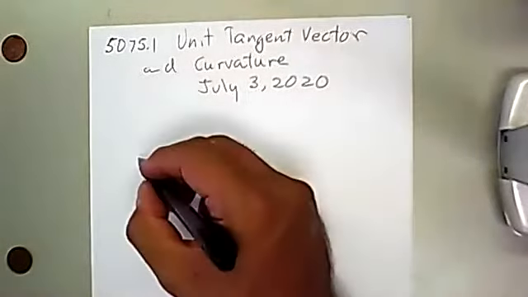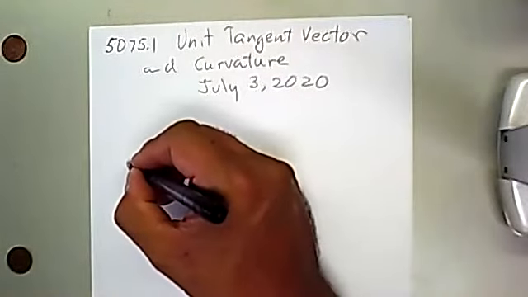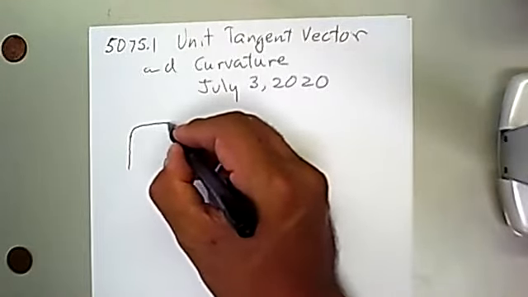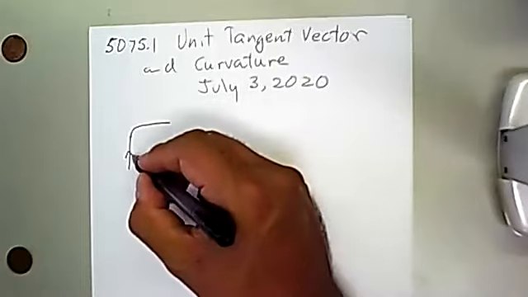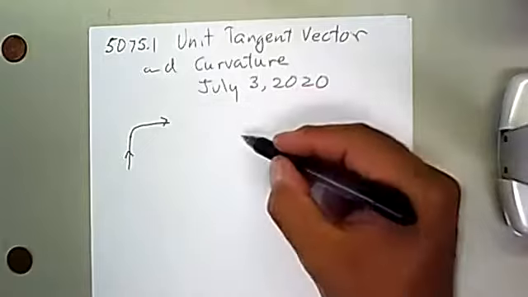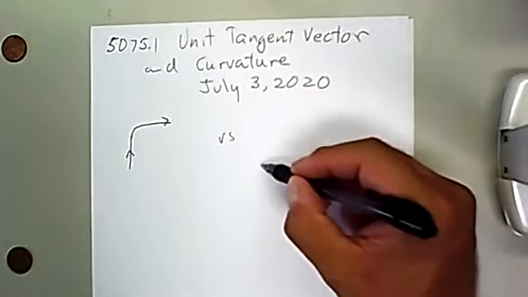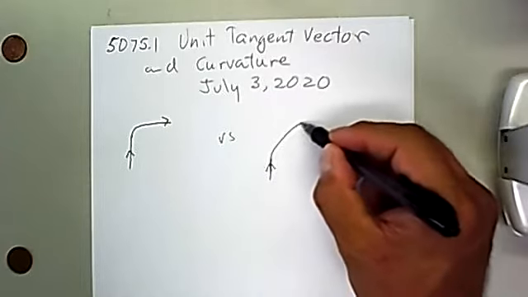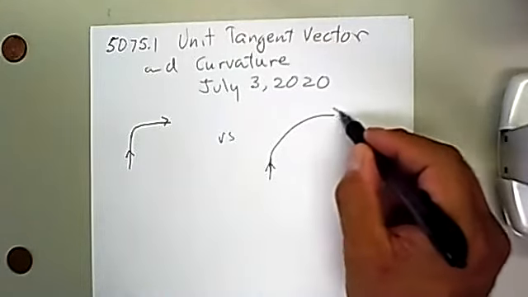So let's say you have a curve that goes up and then it goes to the right horizontally. So it goes from up to horizontal in this fashion, versus a curve that starts up again and eventually it turns horizontal.